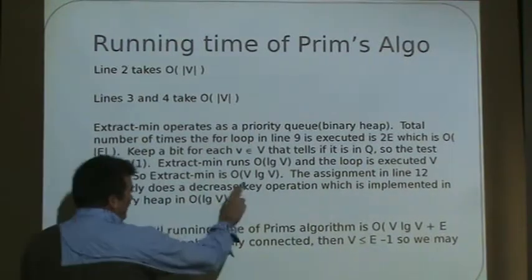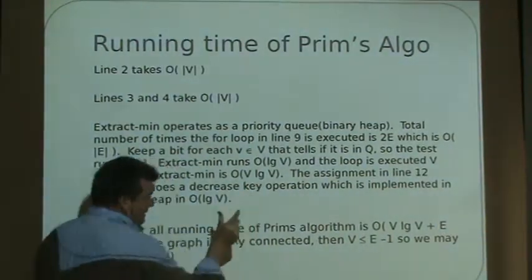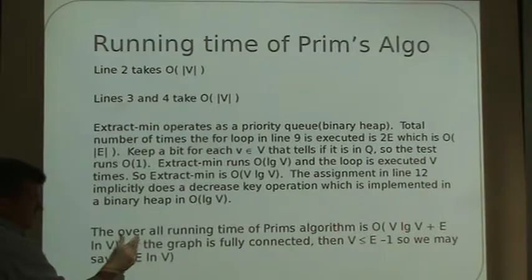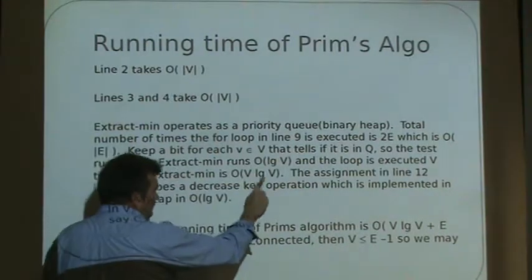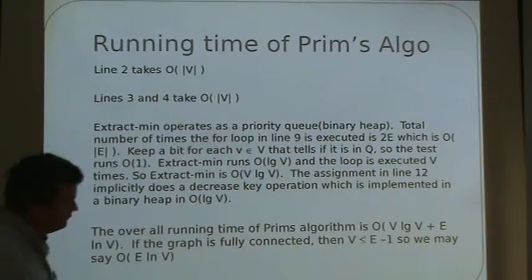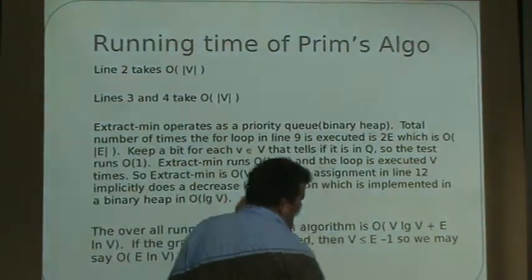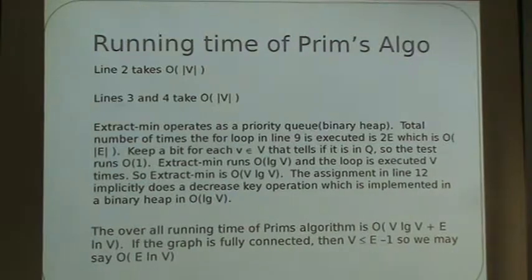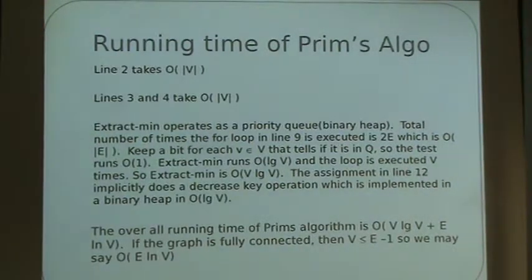So the extract min, which has 2 steps to it, each taking log V, will run V times. Okay. So there's really 2 major components to the algorithm. One that's running V log V, and another one that's running E log V.